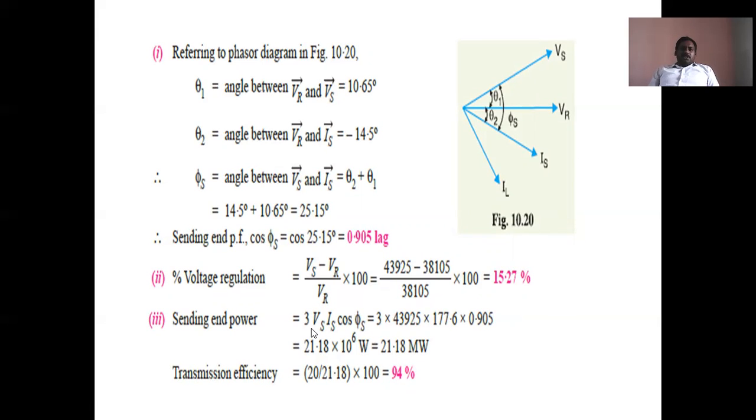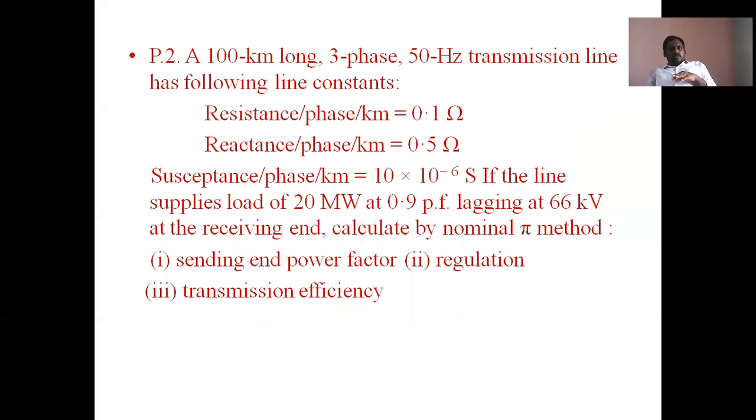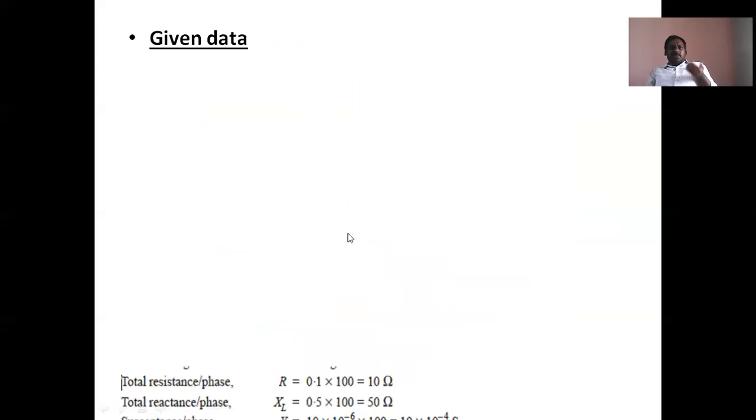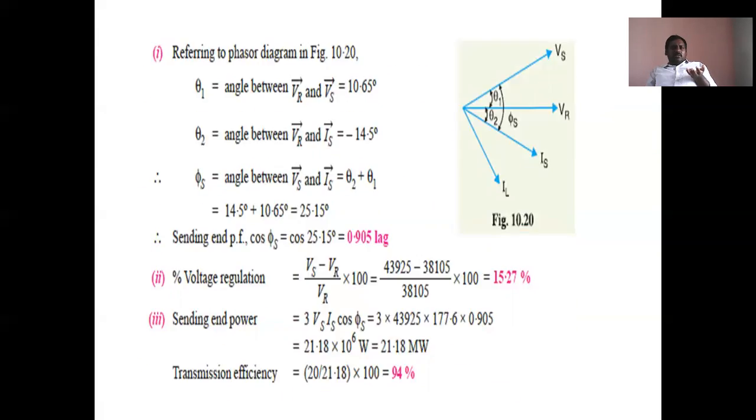So this is the line value, sending end power. Then we have to calculate the sending end power. You can use the line value, that is 3 into VS IS cos phi, where VS is the phase value and IS is also the phase current. So substituting like this, then transmission efficiency is receiving end power by sending end power.